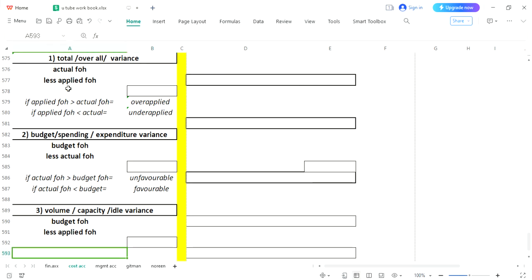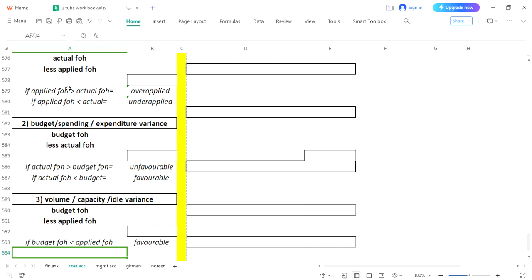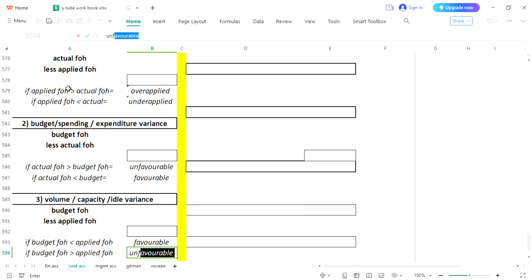Next step would be a conclusion by focusing upon budget. So if your budget FOH is less than applied, that means you are arranging less, which means it is favorable for you. And contrary to above, if budget FOH is more than applied FOH, it means you are arranging more amount, which would go unfavorable for you.